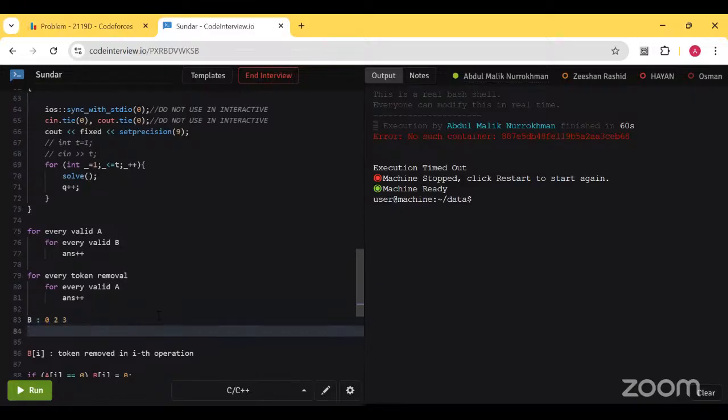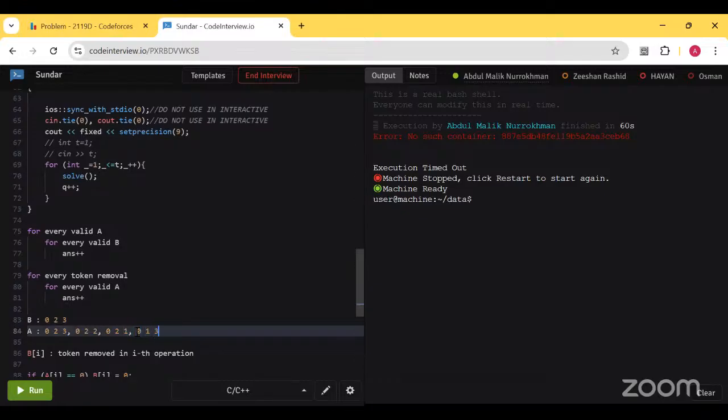How many valid arrays A? For array A like this, of course it is valid, right? Or if the array is like this, it is also valid. And for an array like this, it is also valid, right? What else?